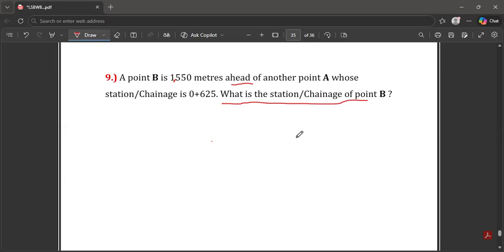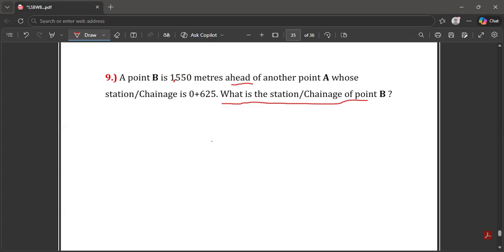We can even start by converting everything to Chainage so that our working is easier.